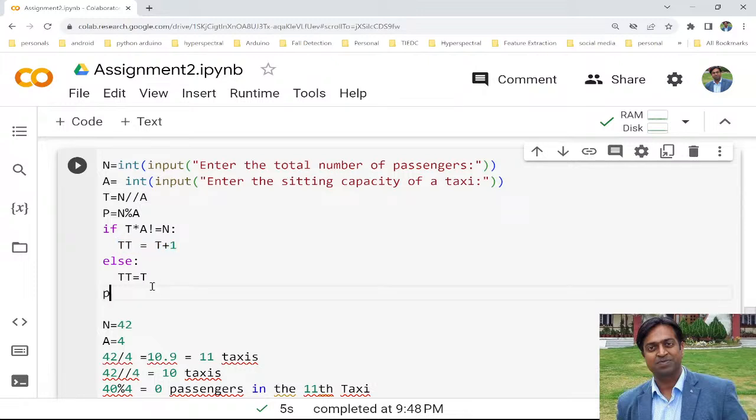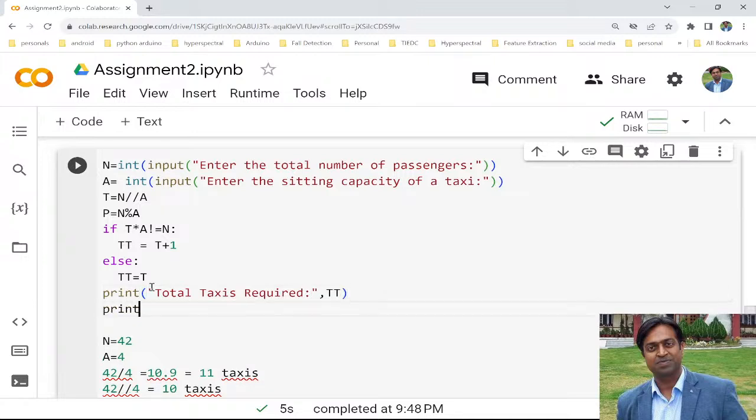Now after getting this, we can display the details. So total taxis required, and we can put TT over here, and in the second statement we can print the distribution.